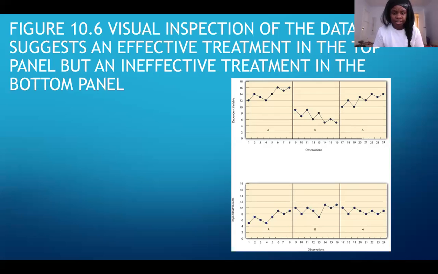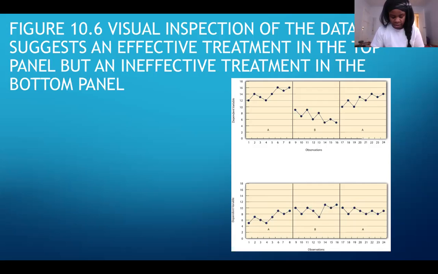So in the top panel of figure 10.6, again, it's right at the top, there are fairly obvious changes in the level and the trend of the dependent variable from condition to condition. Again, condition in one panel, condition in the next, condition in the third. Furthermore, the latencies of these changes are short and the change happens immediately. This pattern of results strongly suggests that the treatment was responsible for the changes in the dependent variable.